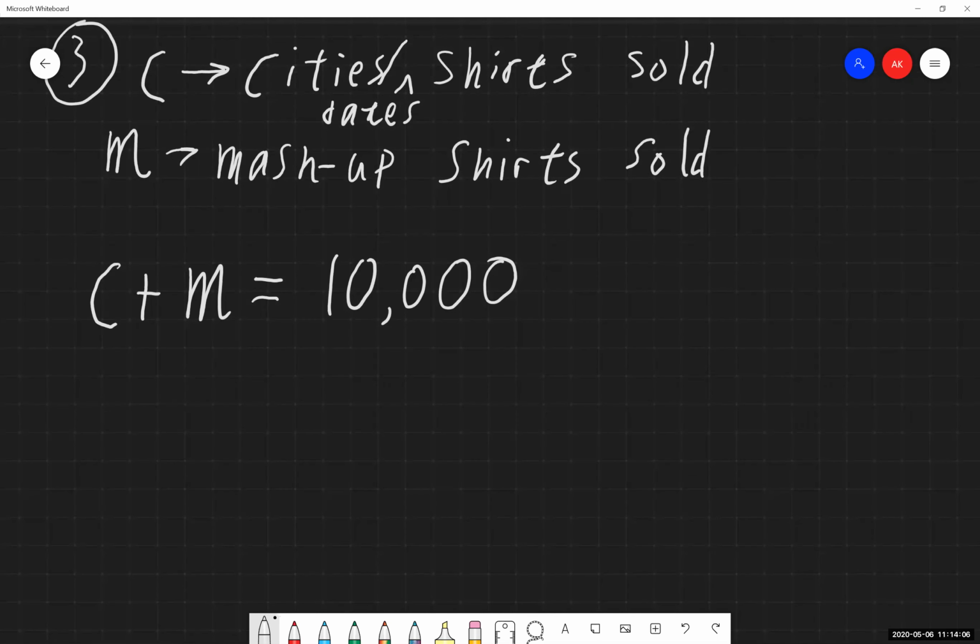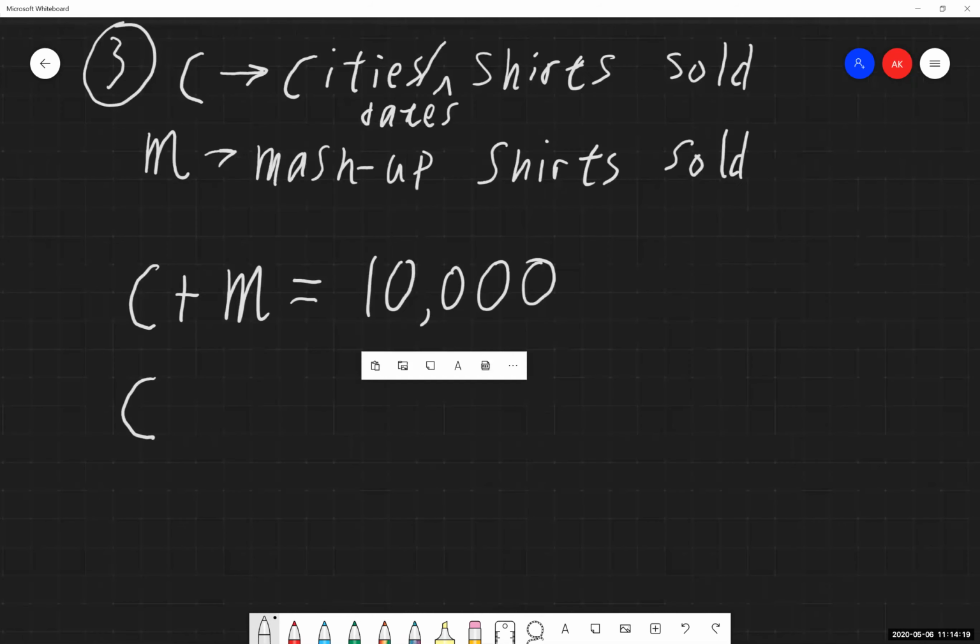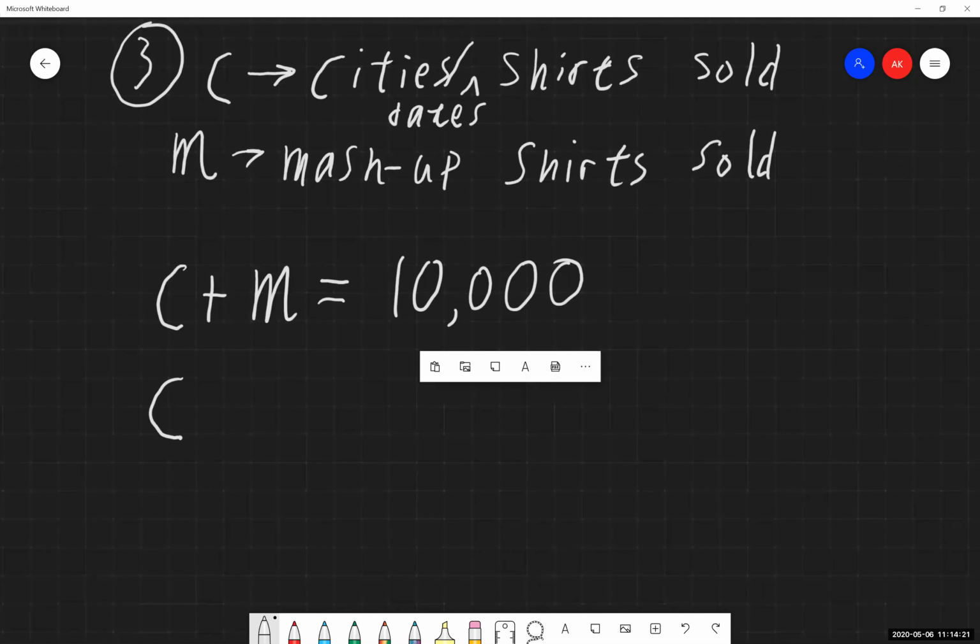We're told the cities and dates t-shirt is selling for $25 and the album mashup shirt is selling for $40. So if I sold C many cities and dates shirts, the total amount of money that was made off of that would be 25 times C, because each of them cost $25.